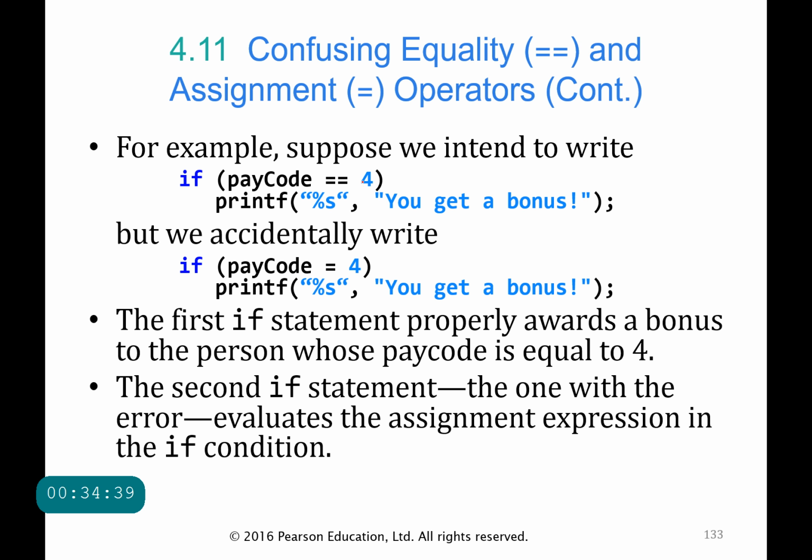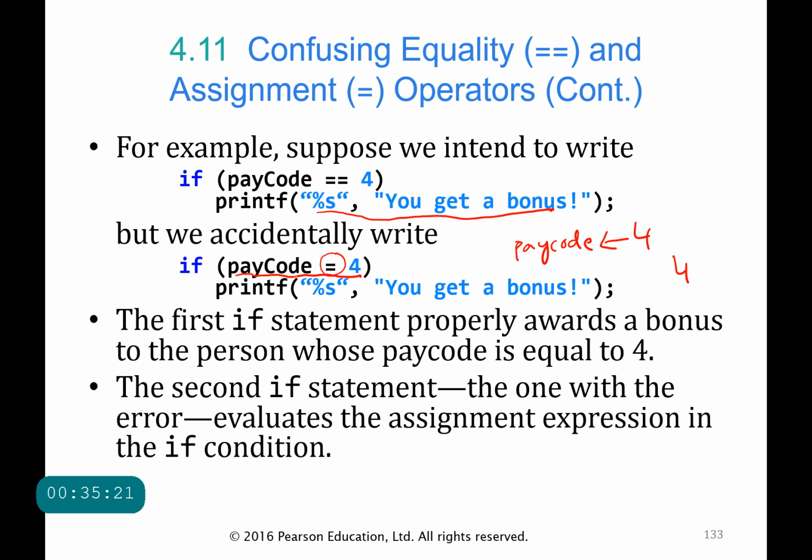One example here is this: if pay code is double equal to 4, that means if your pay code contains a value of 4, then you get a bonus. But if pay code is equal to 4 with a single equal, an assignment operator, what that will do is assign pay code a value of 4, and that is a condition which, since 4 is a non-zero value, is interpreted as true.